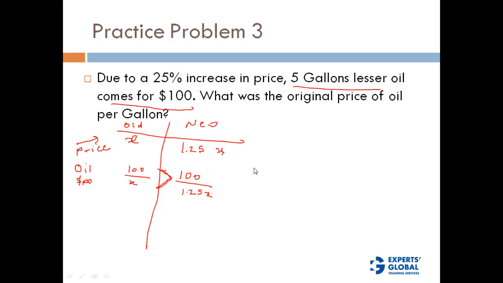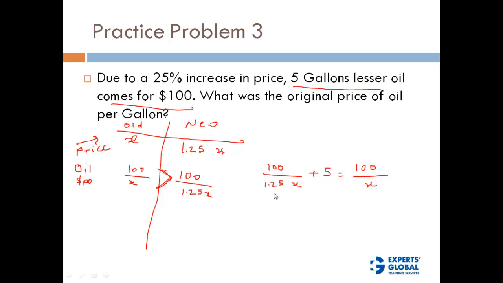The difference is 5 gallons. So the new quantity, this is what I get now, which is less than what I used to get. This quantity plus 5 gallons is equal to 100 divided by X, right? So let's solve for this now.